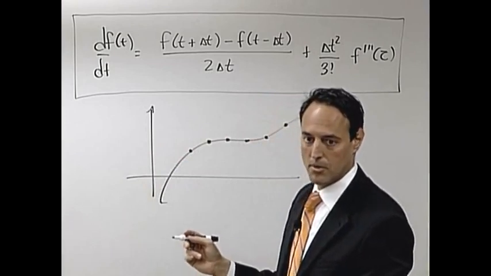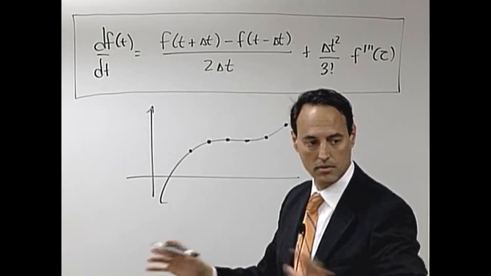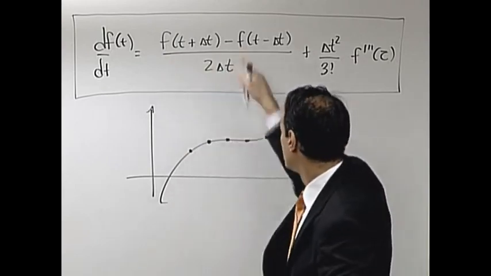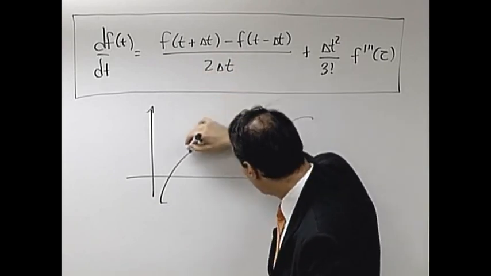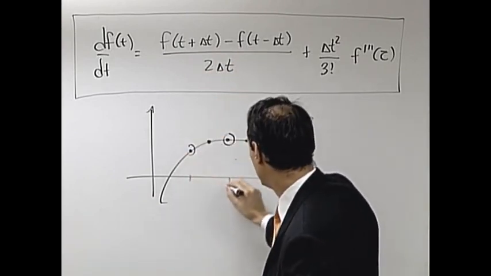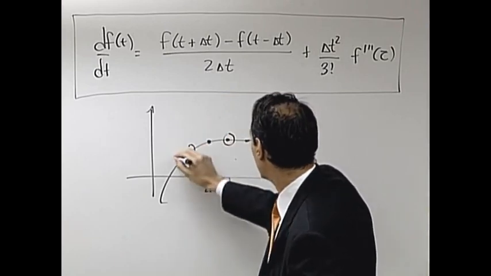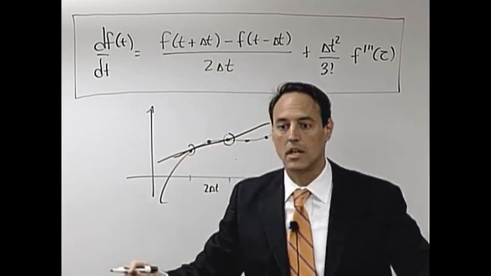But the tangent line, remember, is a derivative. It's this thing that has this divide by 0 quantity. We're not doing divide by zeros. So the way I approximate my derivative is by saying I can take the point in front minus the point behind over the run, right? It's delta t. This is the run. Here is 2 delta t. And I basically take those neighboring points to calculate my slope.